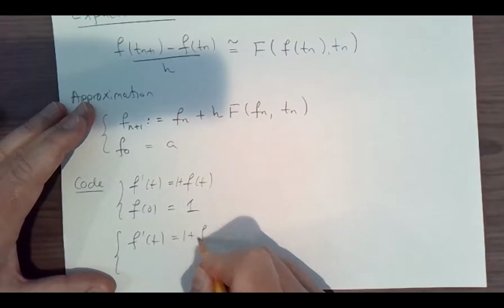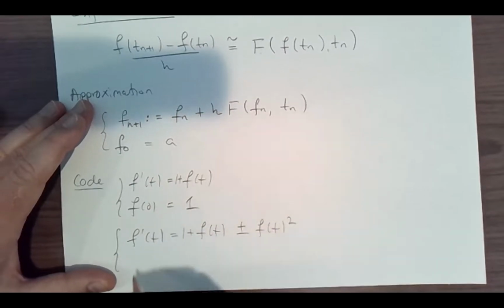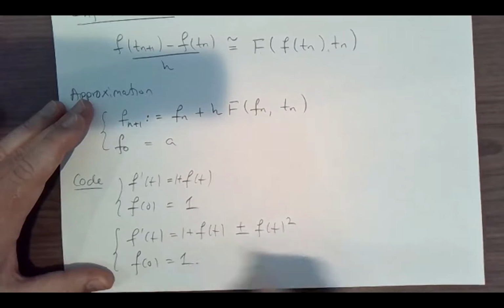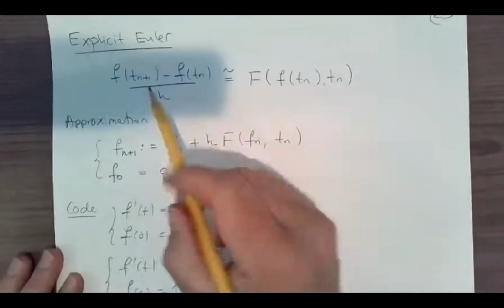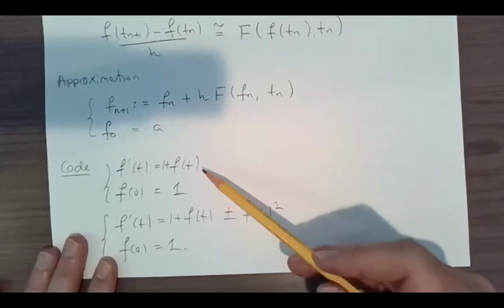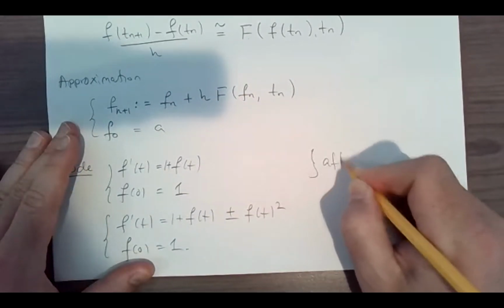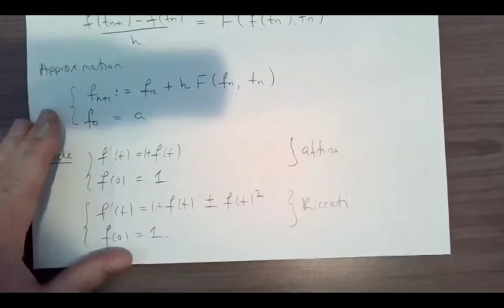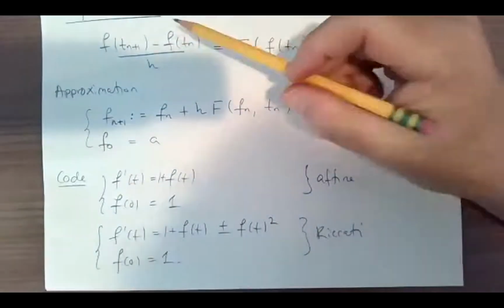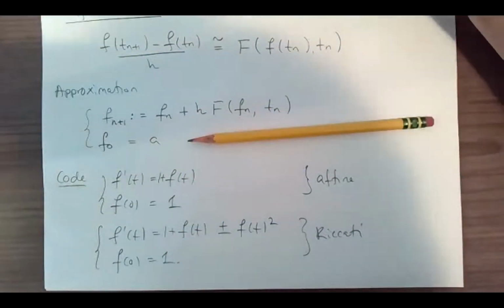So I have 1 plus f of t, and then minus f of t squared, and then f of 0 is just equal to 1. And let's use the explicit Euler scheme. So this is the affine, and this one here is the Riccati. Let's try to apply the explicit Euler scheme to study the two of these, and let's just look at what the code does.